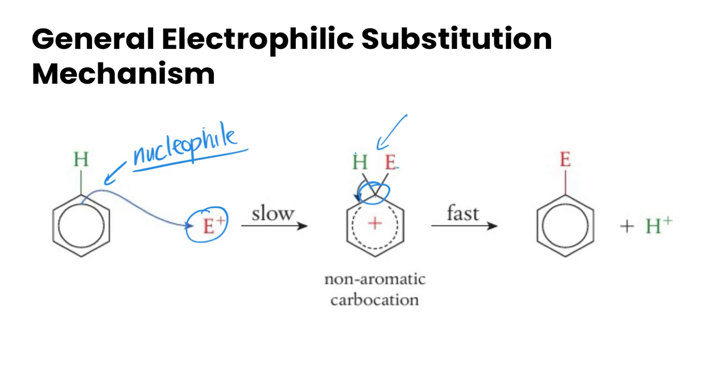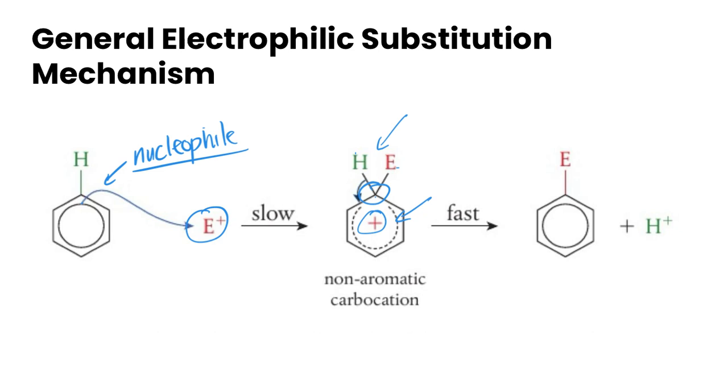And so we show a delocalized pi system being interrupted by drawing in this half circle that's a dotted line with a positive charge, okay? And then this intermediate, this carbocation intermediate is really, really unstable.